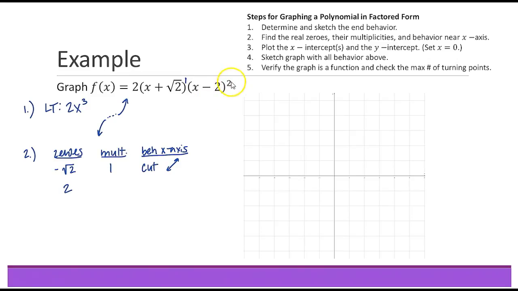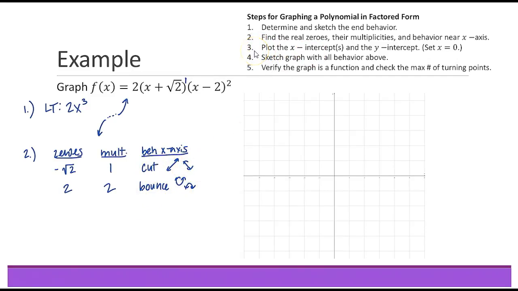The multiplicity is 2, which is the power of the factor. And if the multiplicity is 2, then we're going to have to bounce off the x-axis. So I could either bounce up or bounce down. With cutting, I can either cut with a positive or a negative sloped line. So we, again, write the word, or you can think about the graph.